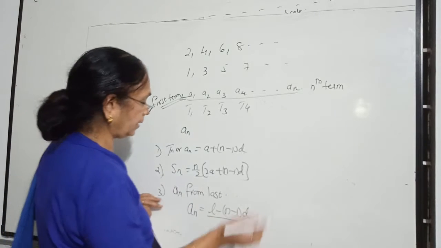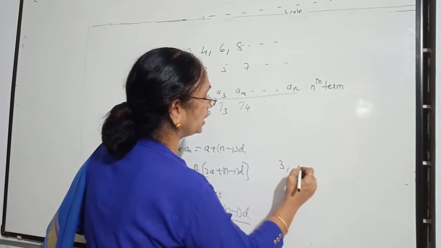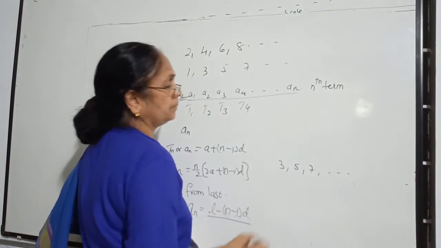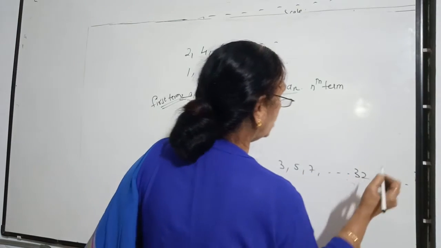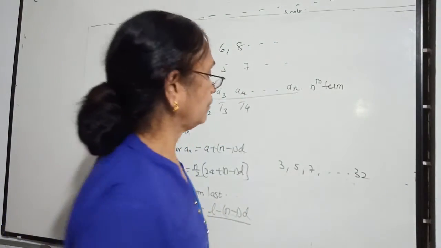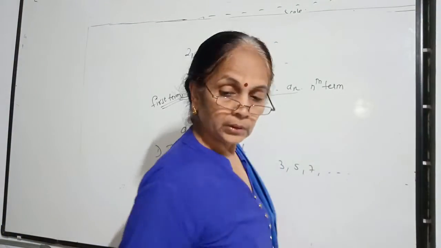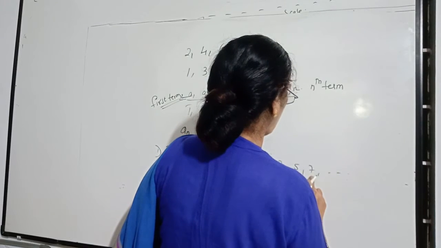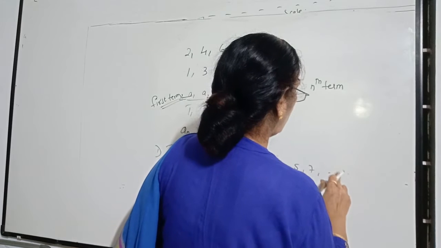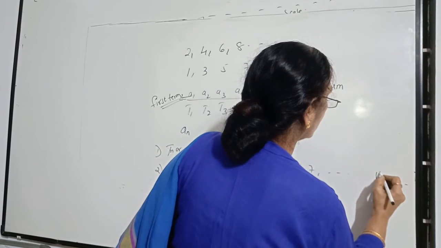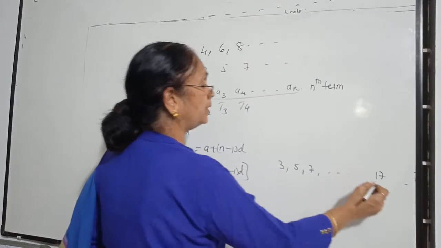If the numbers are 3, 5, 7, dot dot dot, and the last number is given as, say, 17.